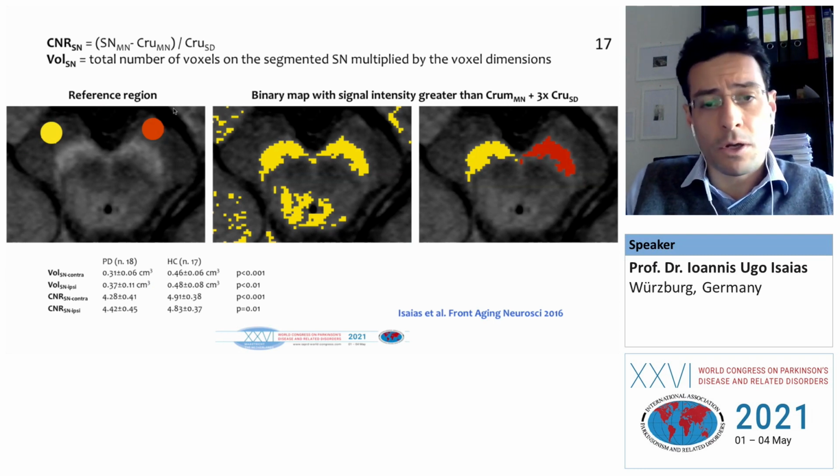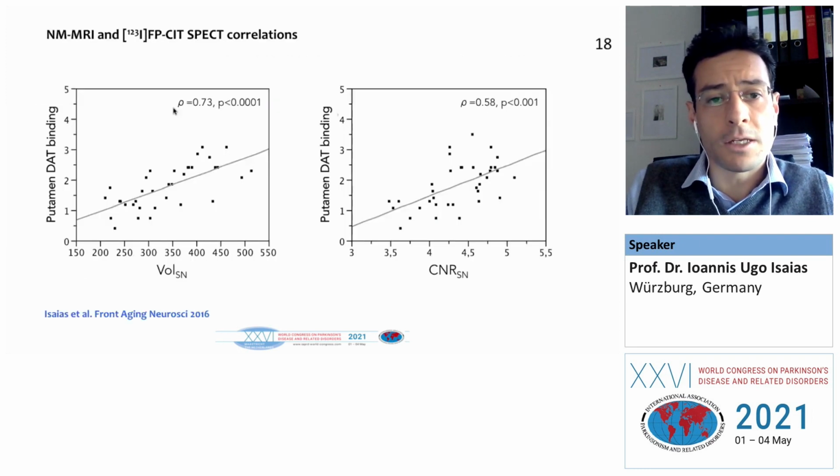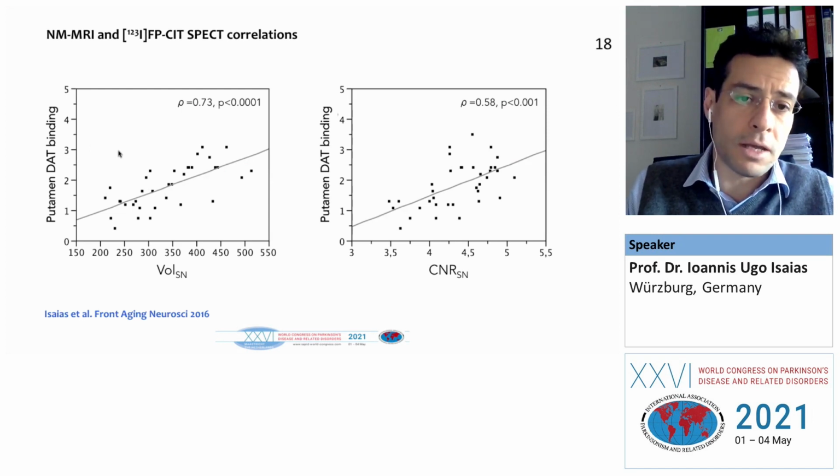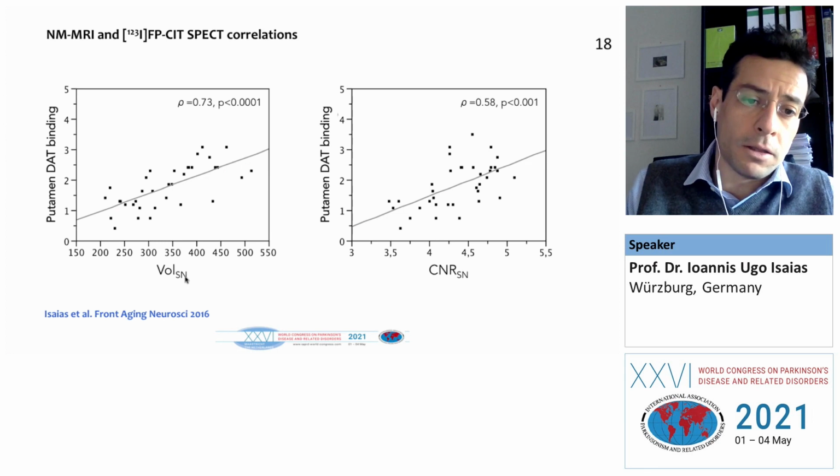It's interesting to notice that both of these measurements correlate with the DAT binding values at the striatal level in Parkinson's patients. Here you can see the strong correlations between the volume of the nigra and the contrast measurements of neuromelanin sensitive MRI with the DAT binding values.